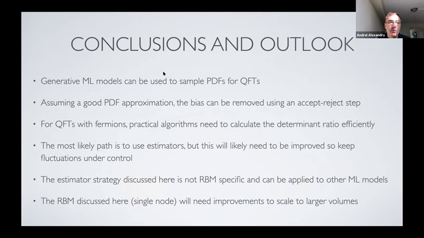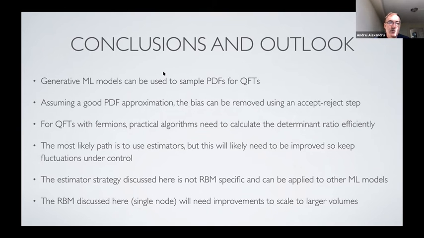Before I finish, I want to put a few things in front of you. Some conclusions: generative ML models can be used to sample PDFs for QFTs. And even if you only have an approximation, that's not the end of the world. If the approximation is good enough, you can actually remove any bias by doing an accept-reject.